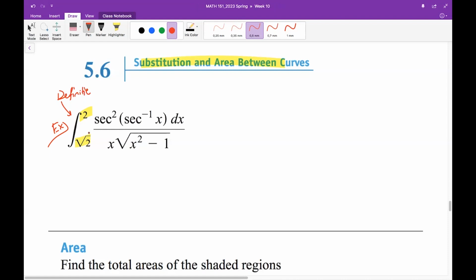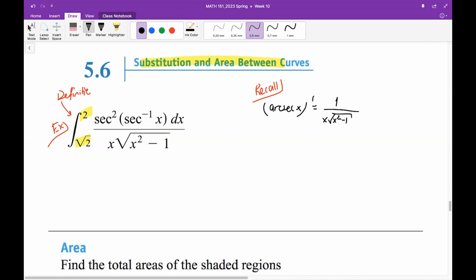Okay. After noticing that, I also want to recall something to you about the derivative of this inverse trigonometric function. It is arc secant x. Do you remember the derivation rule for that? It goes like 1 over x times the square root of x squared minus 1. This is the derivative of the arcsecant function.